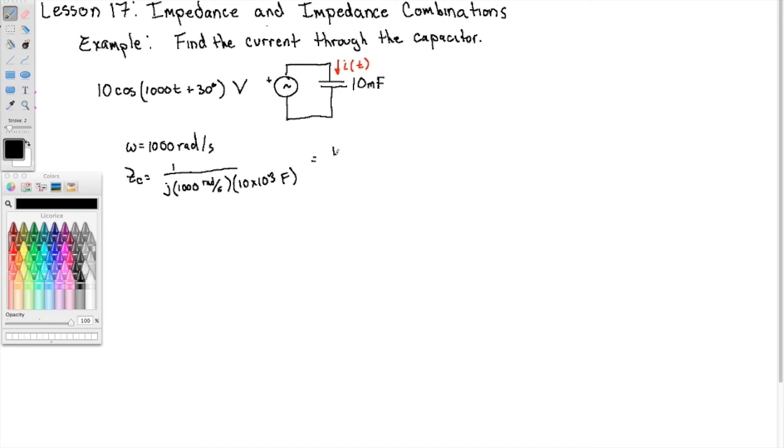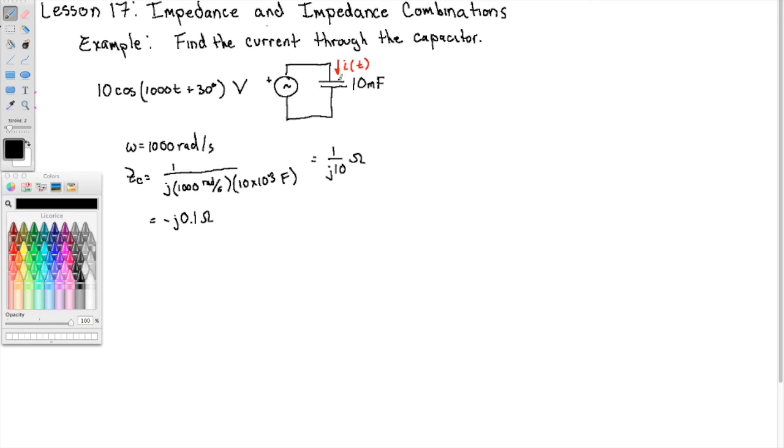So this is 1 over J10 ohms. So ZC is, if I bring the J up, remember dividing by J is like multiplying by minus J, and 1/10 is of course 0.1. So this is minus J 0.1 ohms.